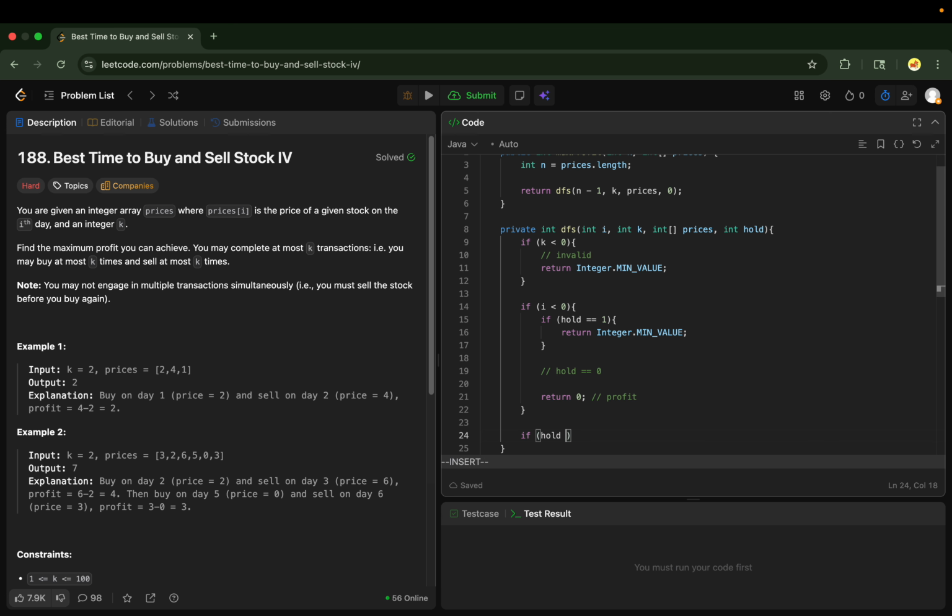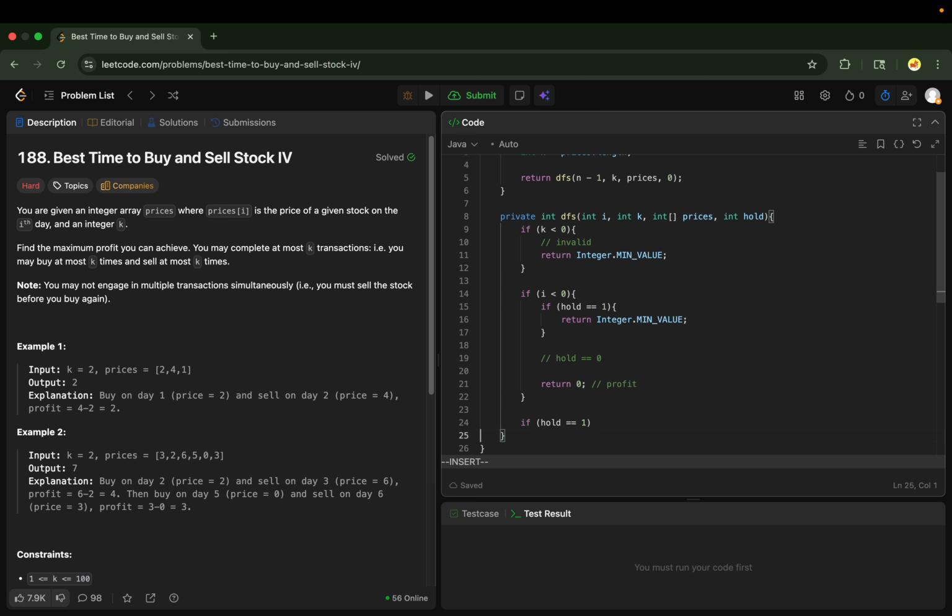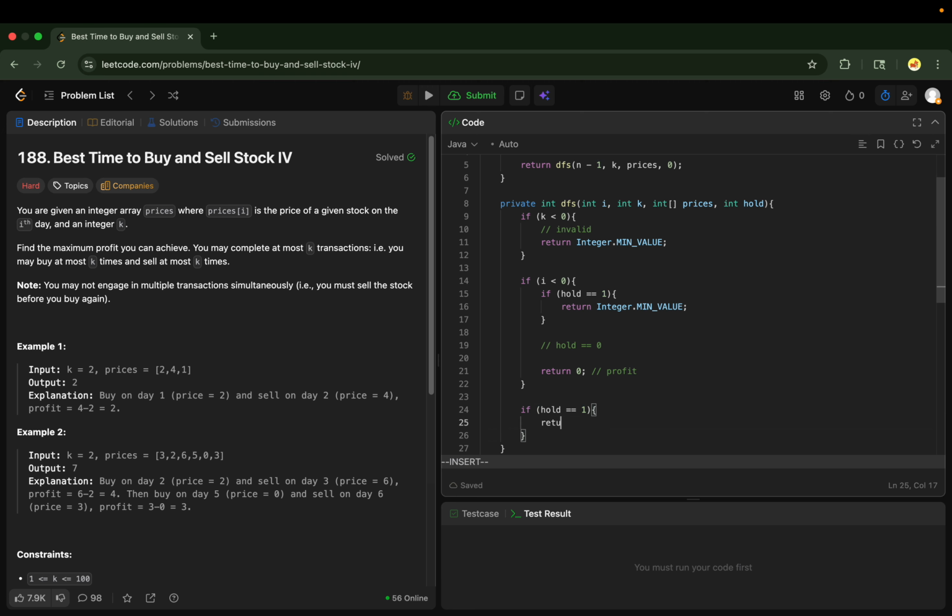If the hold is equal to 1, right? Previous one, DFS(i - 1, k, prices, hold). Previous, we can choose to inherit, and this one is not inherit. It's kind of our generation, we have to work hard.